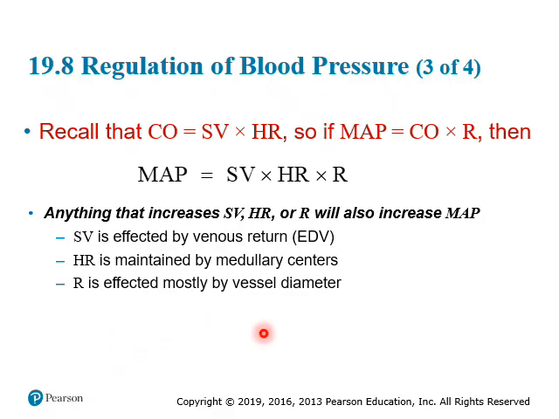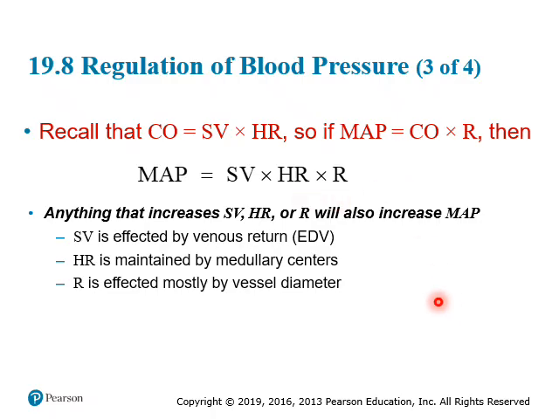Recall that the cardiac output of the heart is equal to the stroke volume times the heart rate. So if the mean arterial pressure is equal to the cardiac output times resistance, then the mean arterial pressure is also equal to the stroke volume times the heart rate times resistance.